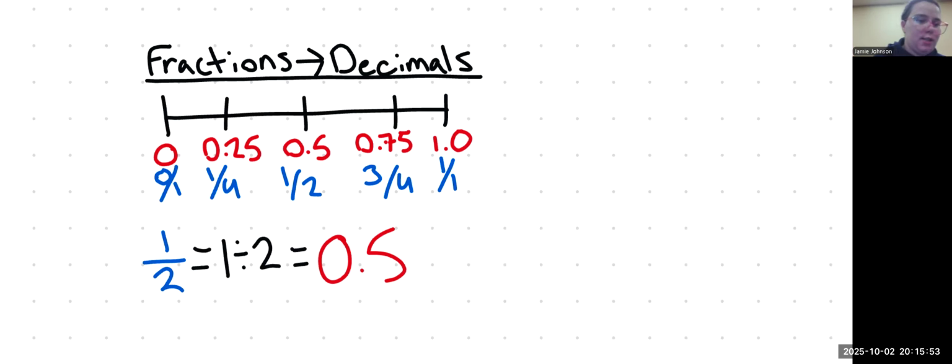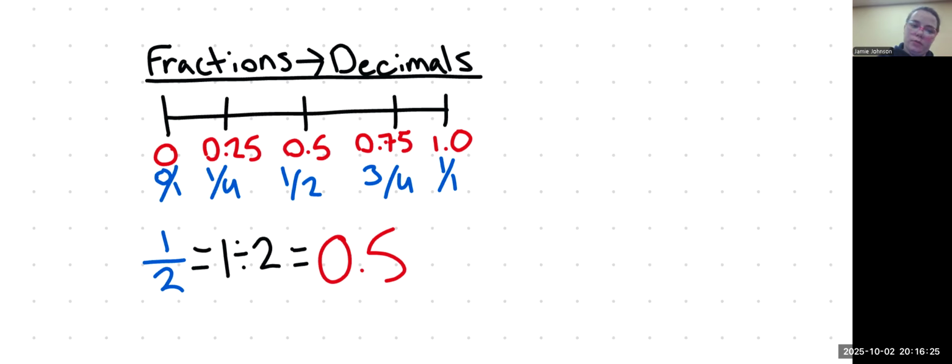You'll see that I have actually made a line graph of 0 to 1 in quarters, with jumps of a quarter each time, with decimals in red, fractions in blue.